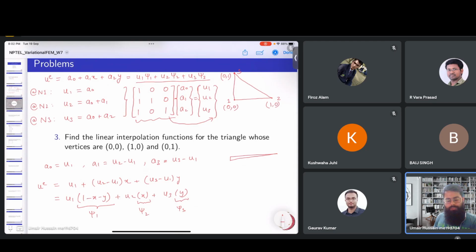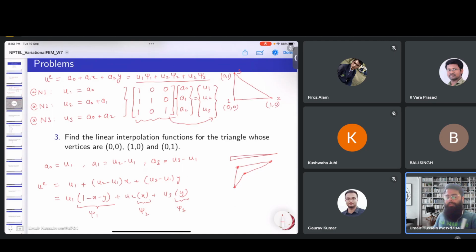Even when you're dealing with four-noded or five-noded elements, a concave shape is not allowed. Can't have an element like this. This is a node, this is a node, this is a node. So these kinds of elements are also not allowed.